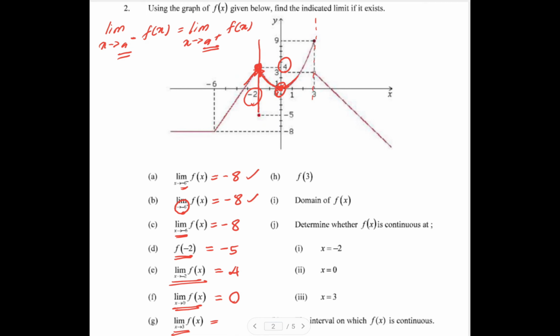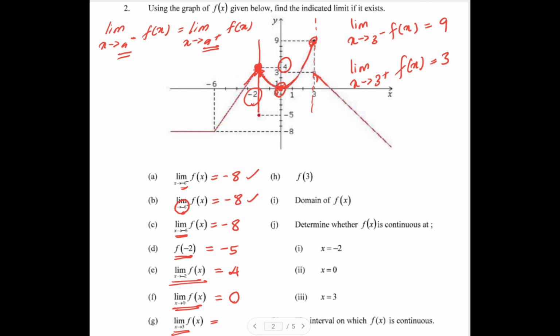Here is the value of 3. The limit as x approaches 3 from the left stops at 9, and the limit as x approaches 3 from the right stops at 3. So the limit as x approaches 3 from the left for function f(x) equals 9, and the limit as x approaches 3 from the right for function f(x) equals 3.